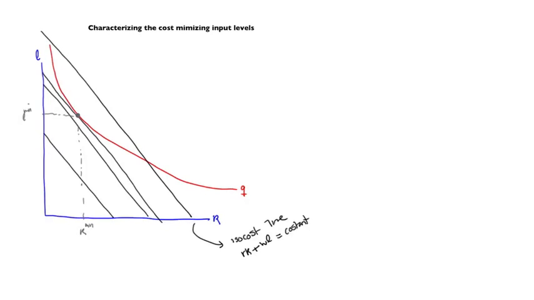Now let's characterize the properties of the solution mathematically. First, we need to look at the slope of an isoquant. We can obtain the slope of an isoquant at any point by noticing the following.